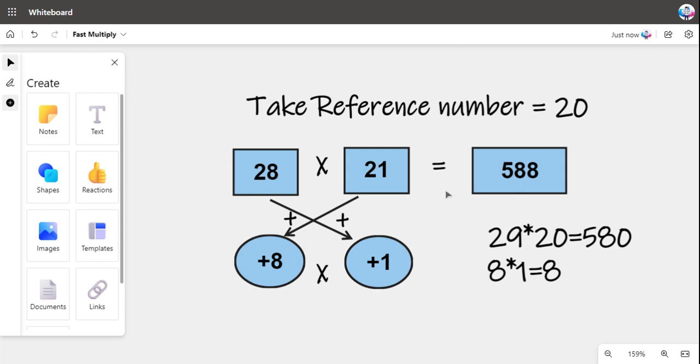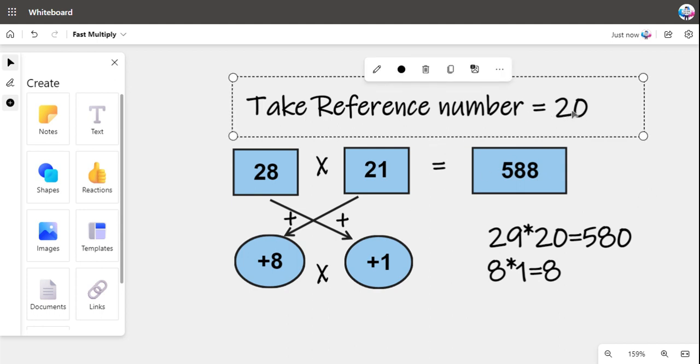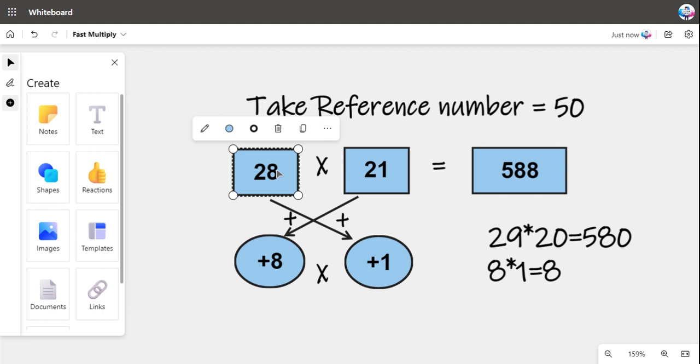Next we are going to skip to the reference number 50. So now I am going to calculate the numbers which are nearby 50. Here I will take 48 and 45.